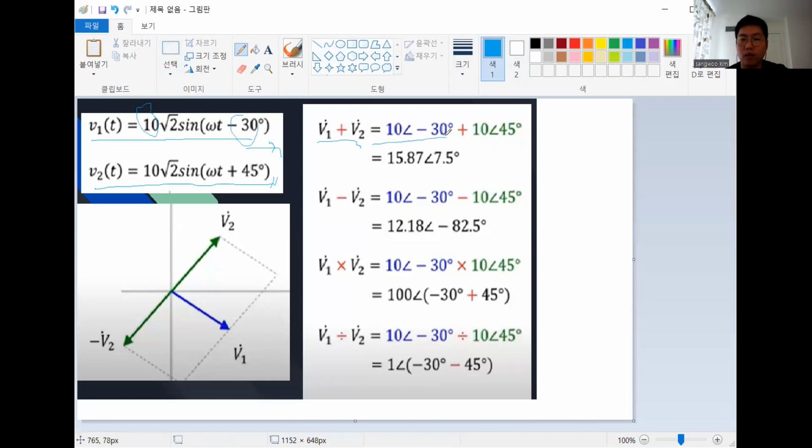So VA is VB, the same magnitude, the arrows, okay? And now, for example, V1 is 1∠-13 and V2 is 1∠45. And if we add the two of them, this is V3, this value.